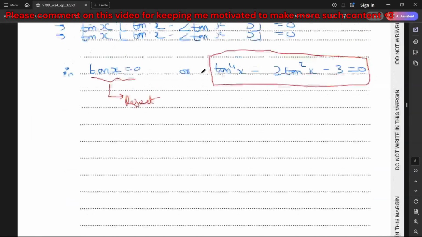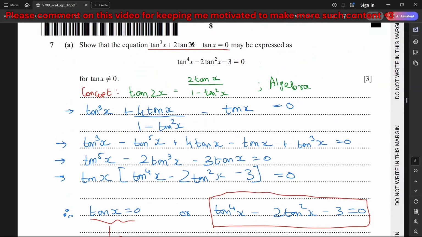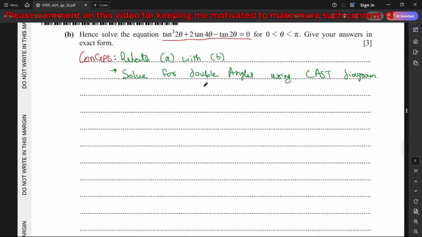And the only difference, if you can notice, is that this x is now converted to 2 theta. So my x becomes 2 theta. Over here it was tan 2x, so tan 4 theta, and tan x becomes tan 2 theta. So I know that over here my x has become 2 theta.